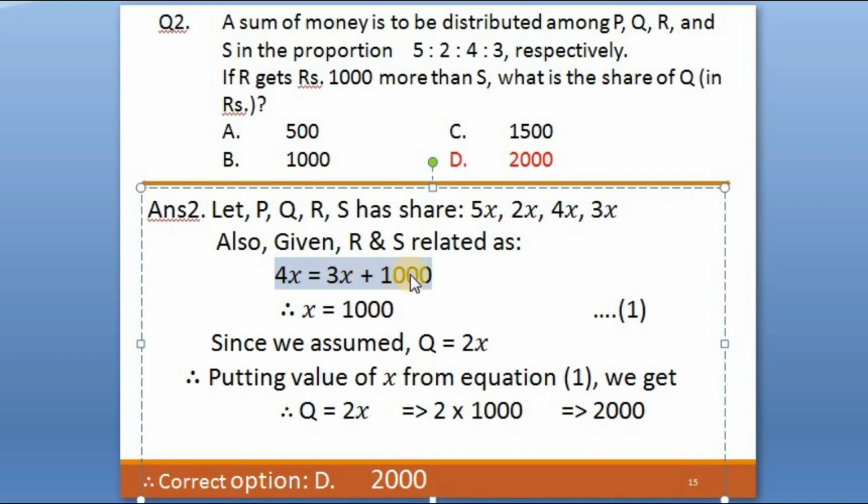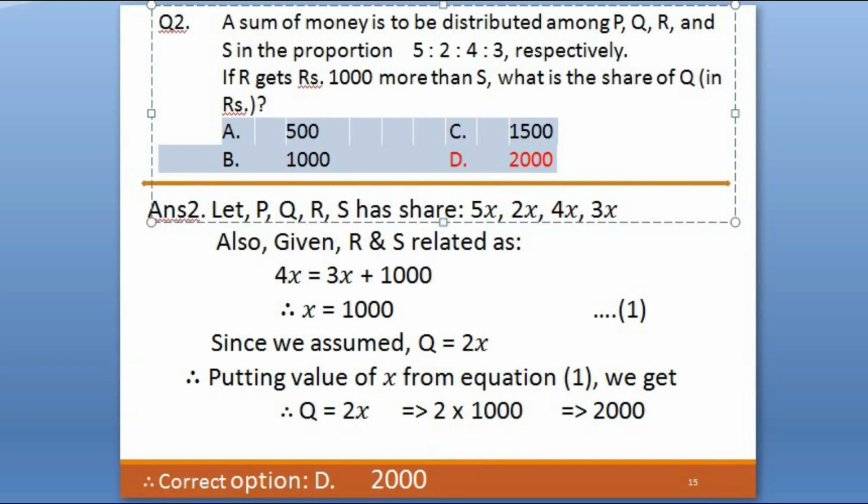So from here we get the value of x as 1000. Since we assumed the share of Q as 2x, by putting the value of x, we will get the share of Q. So that is 2000. So out of these four options, option D is the right answer.